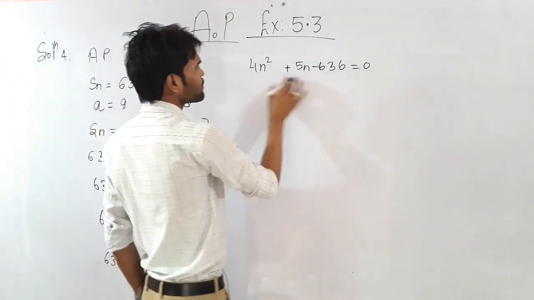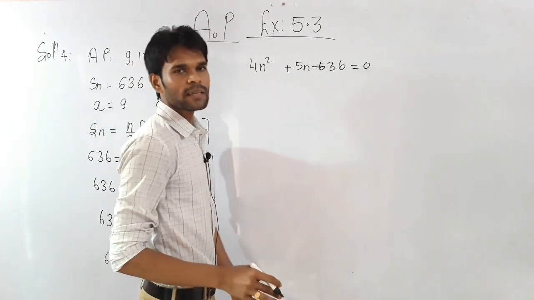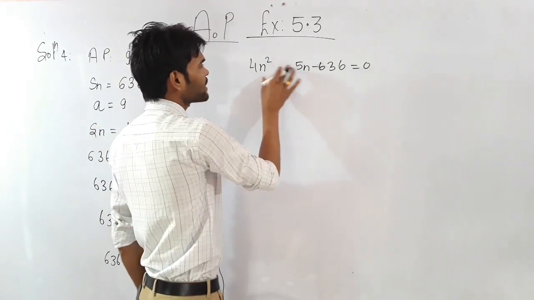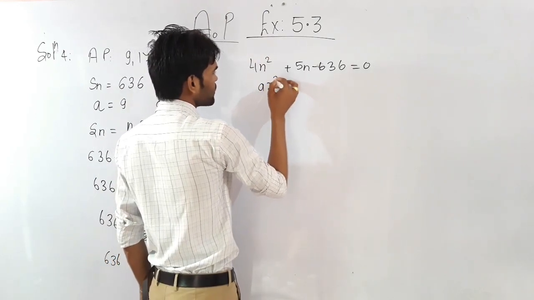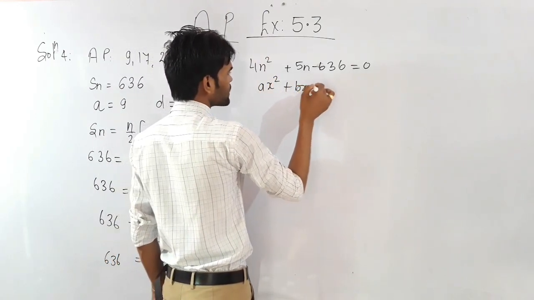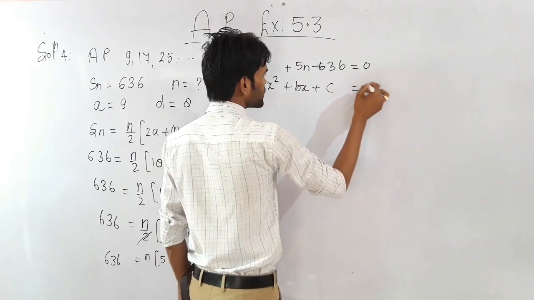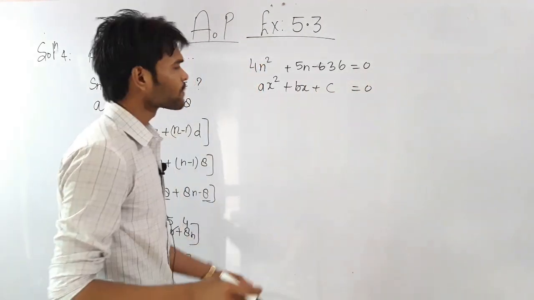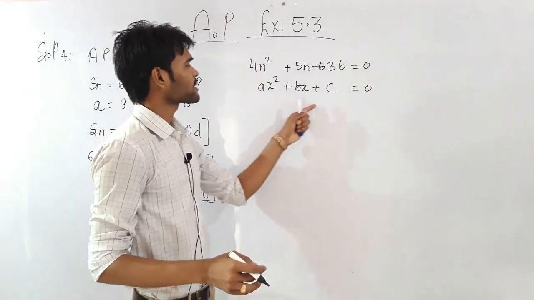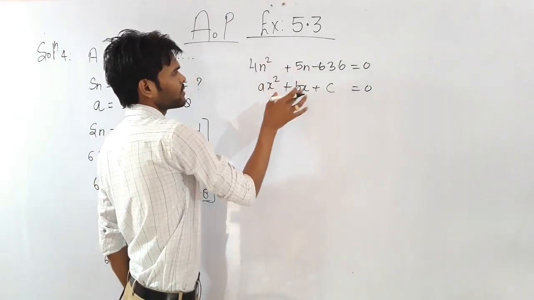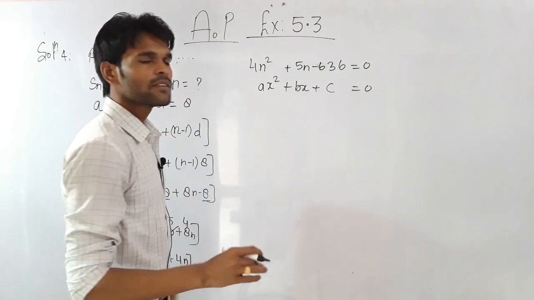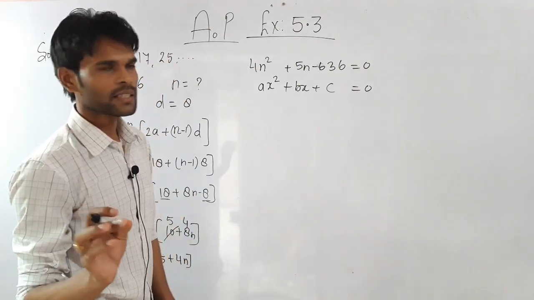Now you can proceed using the middle term split method for finding the value of n, because it's a quadratic equation of the form ax square plus bx plus c equals 0. It is the quadratic equation. Now you need to factorize it for finding the value of n.